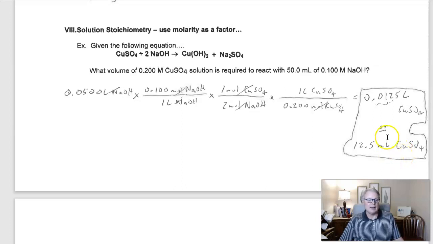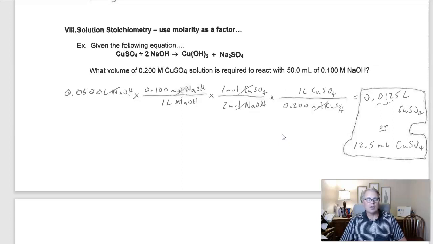All right? And so if you gave me this up here, that's fine, because I asked you what volume, and you gave it to me in a volume unit, so I really can't count that wrong, can I? But if the problem said, how many milliliters of 0.2 molar copper sulfate solution, then you'd probably have to convert that to the 12.5.